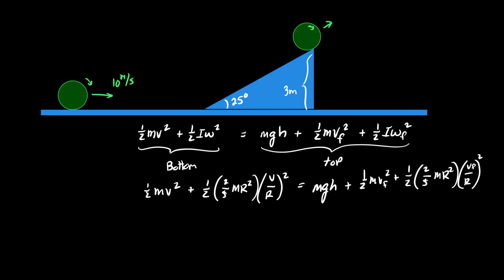I'm putting little f's here to make sure this is the final velocity versus the initial velocity. The 1/2s cancel, the r's cancel, and that gives me 1/5. And 1/5 and 1/2, common denominators of 10, gives 7/10. So 7/10 mv squared equals mgh plus 7/10 m v final squared.